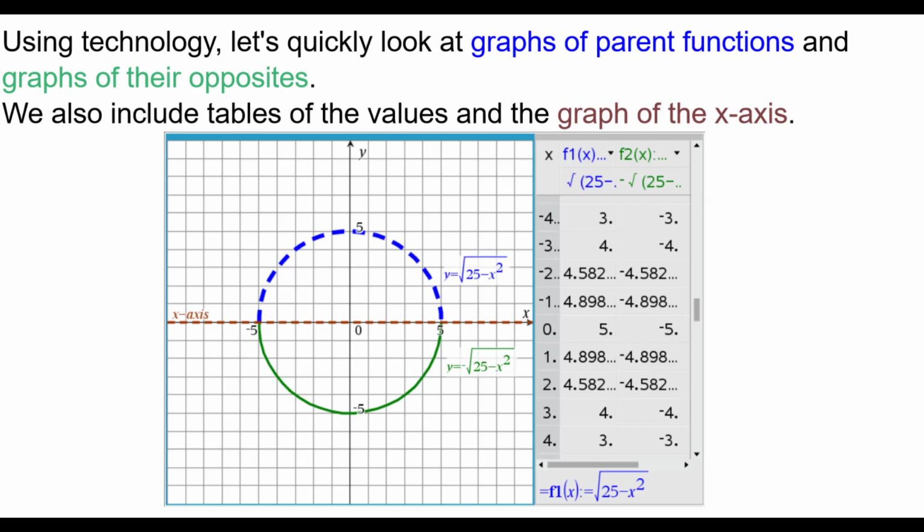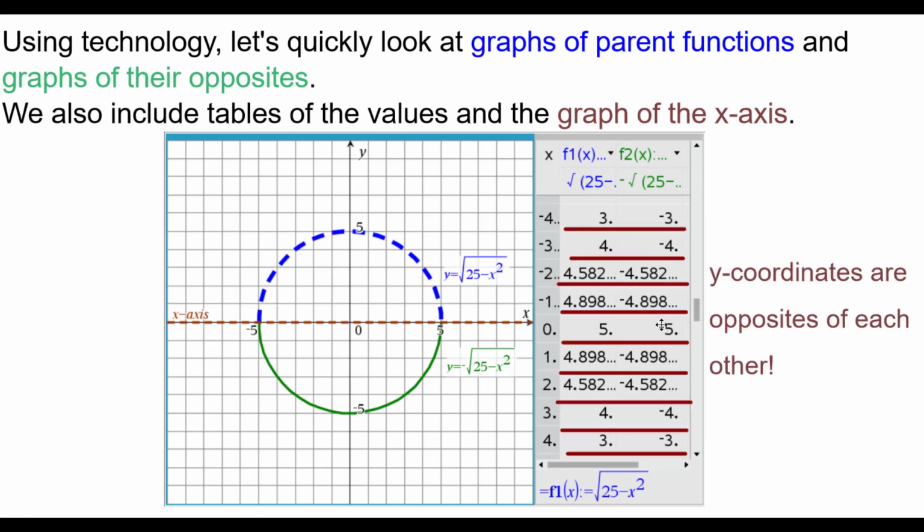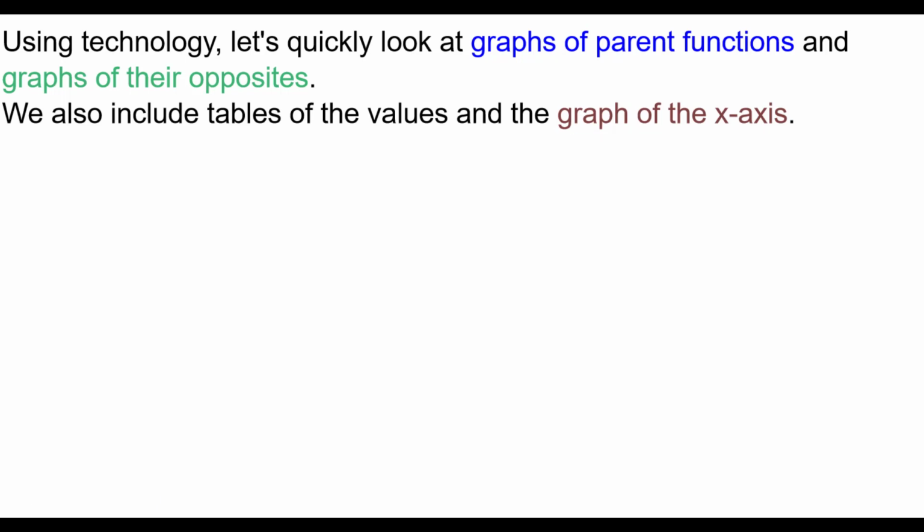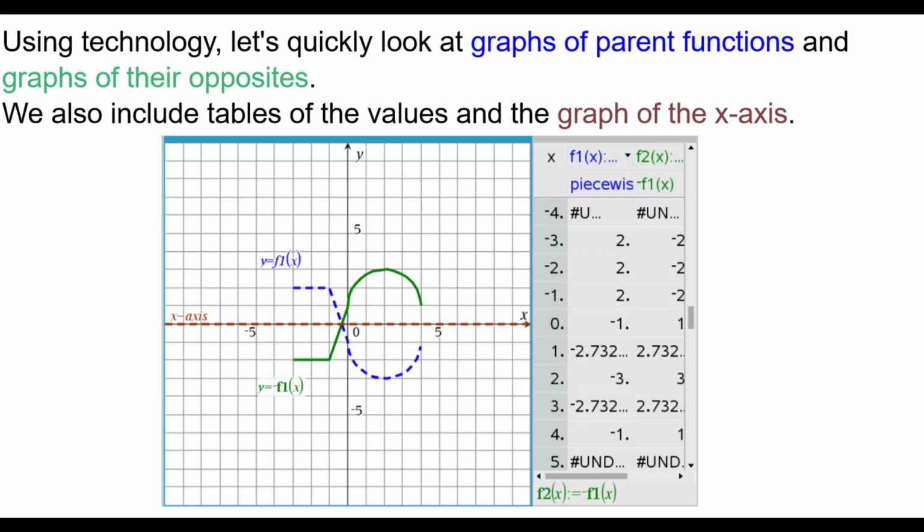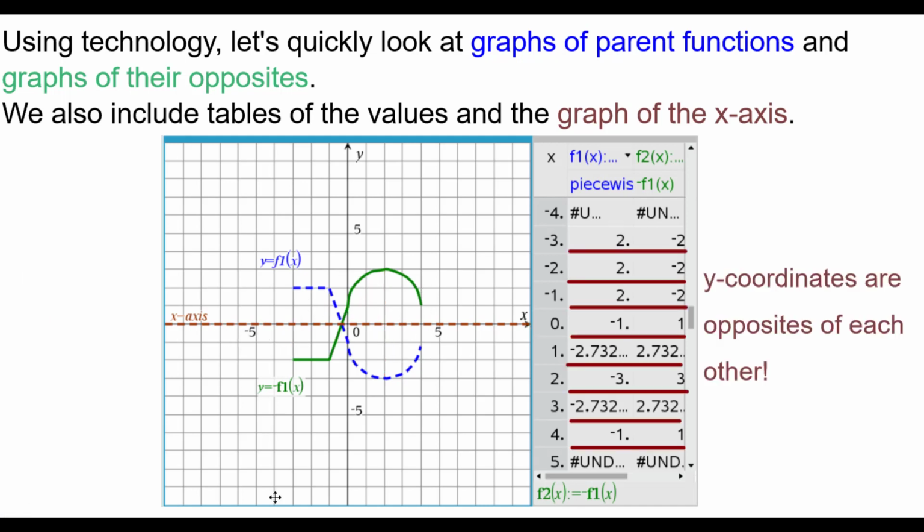Looking at the semicircle, you can see again that the blue is a reflection about the x-axis to the green, and that the y coordinates are opposites of each other. Even when they're nasty decimal numbers, they're opposites of each other. We'll try one more, this generic function here. Notice that they are reflections of each other using the x-axis as the mirror, and that the y coordinates are opposites of each other while the x coordinates remain the same.